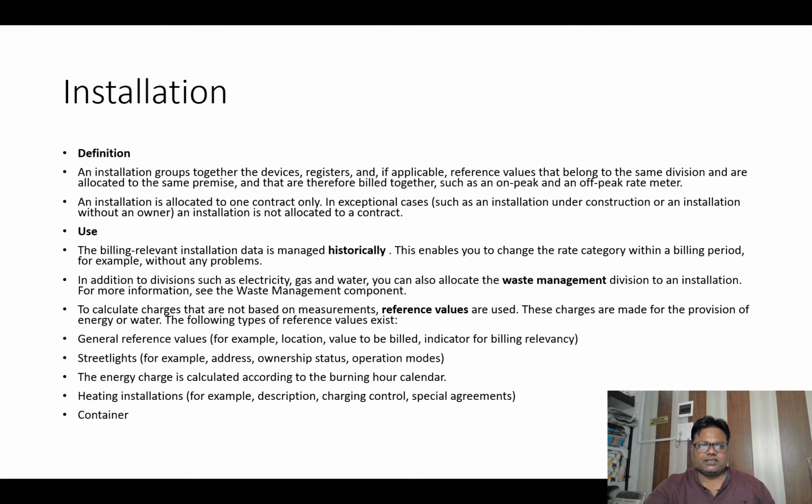An installation is allocated to one contract only. In exceptional cases such as an installation under construction or an installation without an owner, an installation is not allocated to a contract. Use. The billing relevant installation data is managed historically.